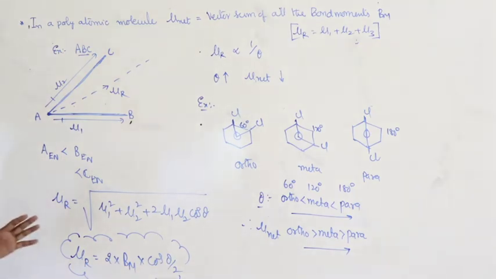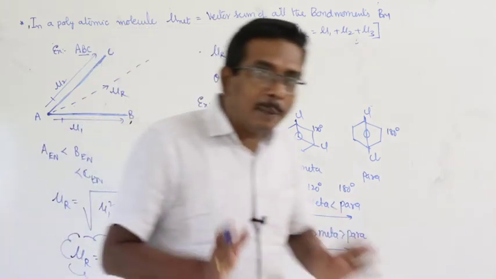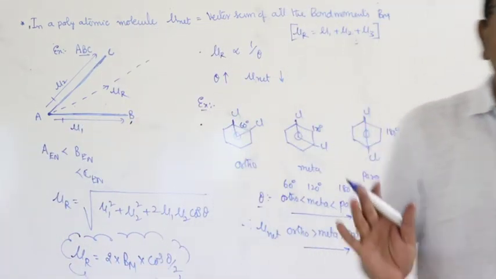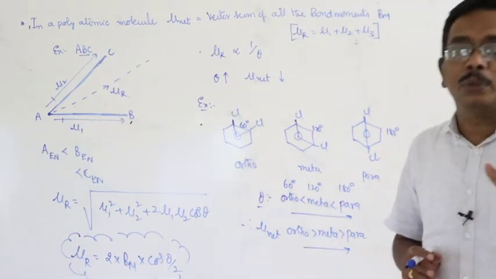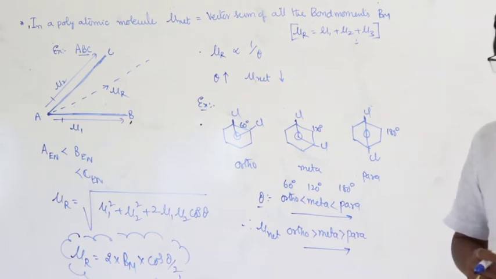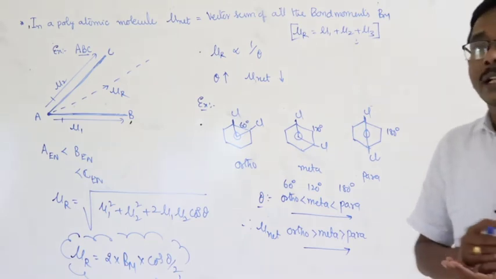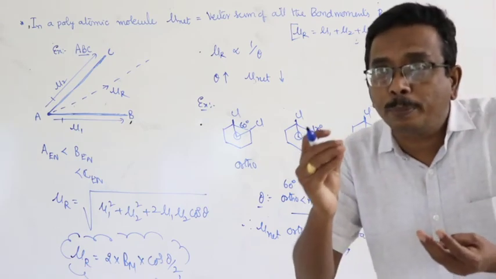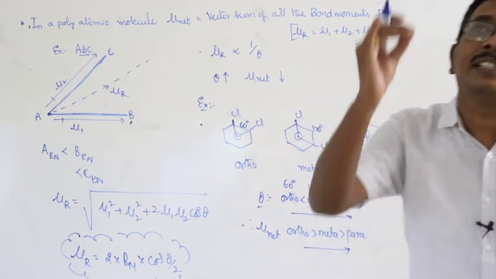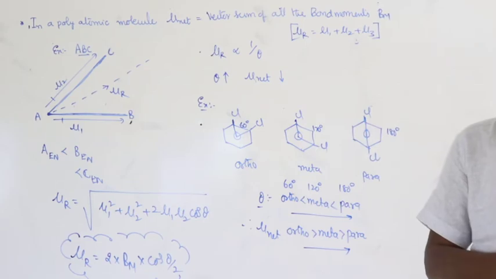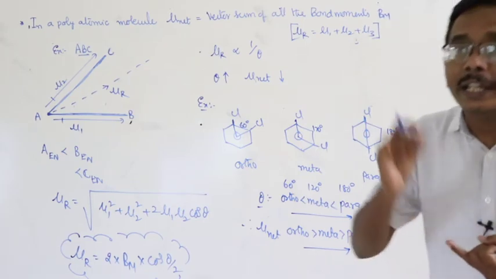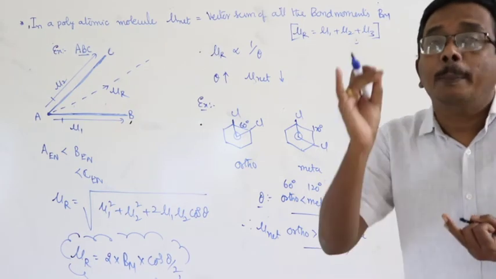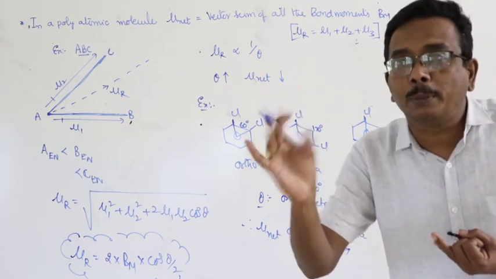And here, before going to applications or uses or significance of dipole moment, you have to put 3 important points in your mind. What are they? First one, the bond moment due to presence of lone pairs is always away from the molecule. Second one, in a diatomic molecule, bond moment is equal to dipole moment.